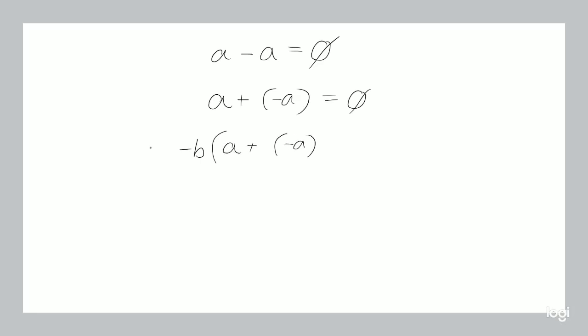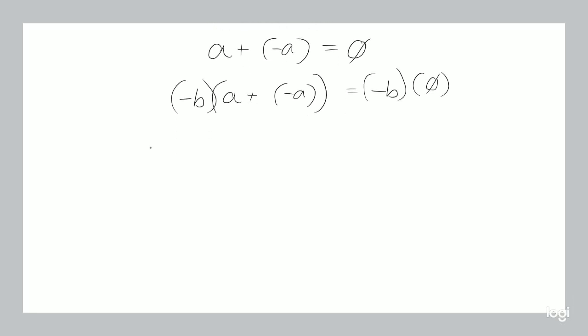Both sides of the equation. Okay, so let's work this out. On the left side, we have A times -B plus -A times -B. And on the right side, we have 0, because, well, anything times 0 is 0.